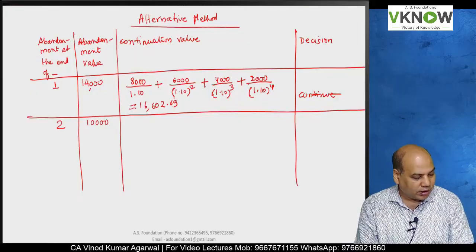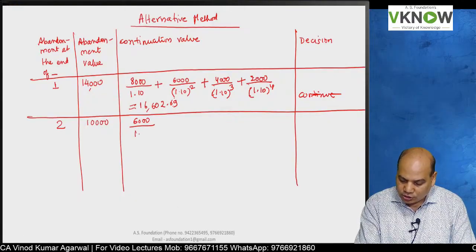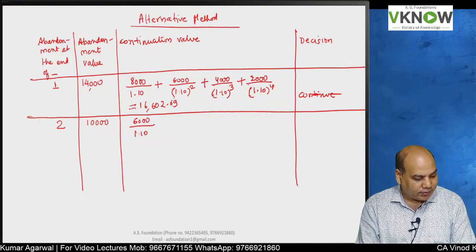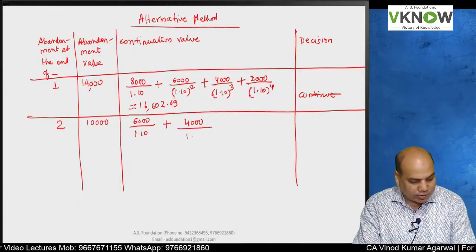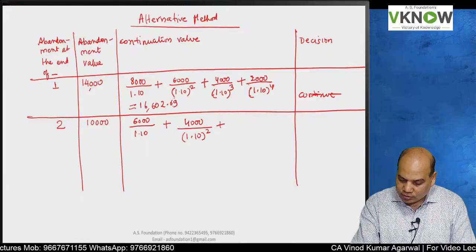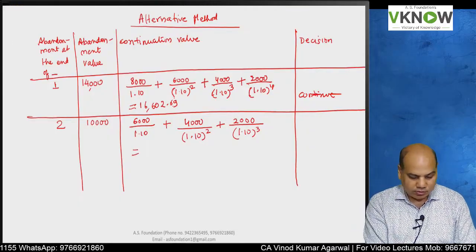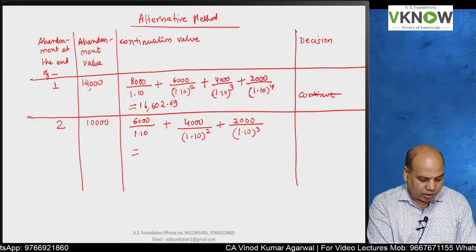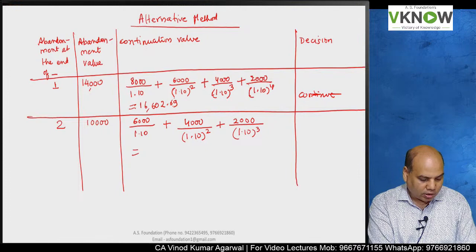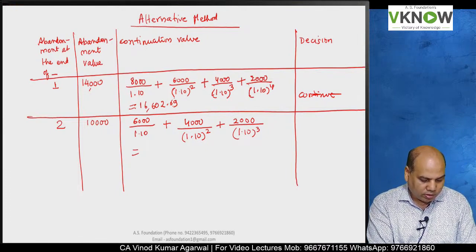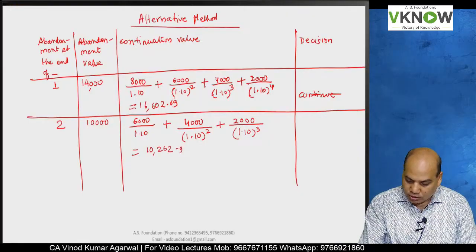Suppose we abandon at the end of year 2, I'll get scrap value 10,000. 2 years are over, 3 years are remaining. So next 3 cash flows, if I continue, I will get 6,000 after 1 year from the end of year 2, 4,000 after 2 years, and 2,000 after 3 years from that date. 6,000 divided by 1.10, plus 4,000 divided by 1.10 squared, plus 2,000 divided by 1.10 cubed, memory recall: 10,262.96.